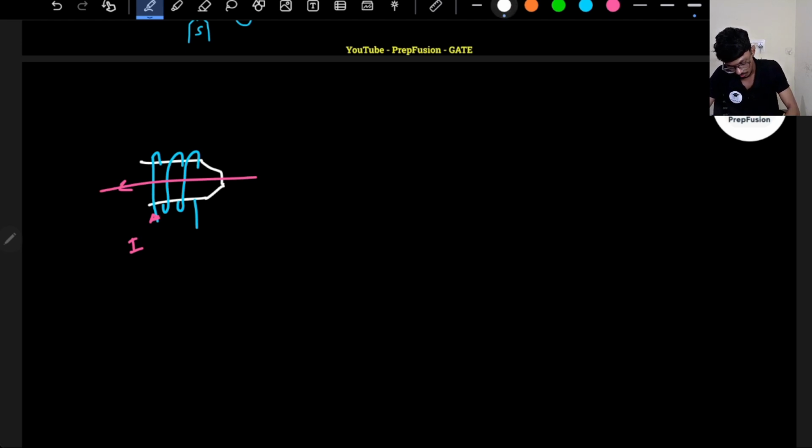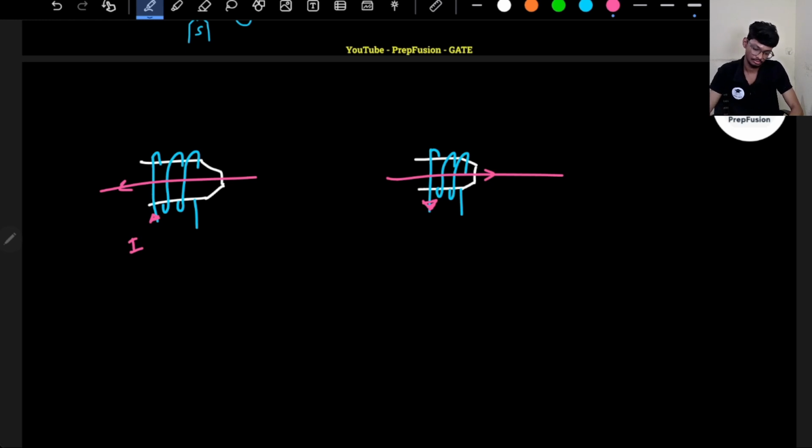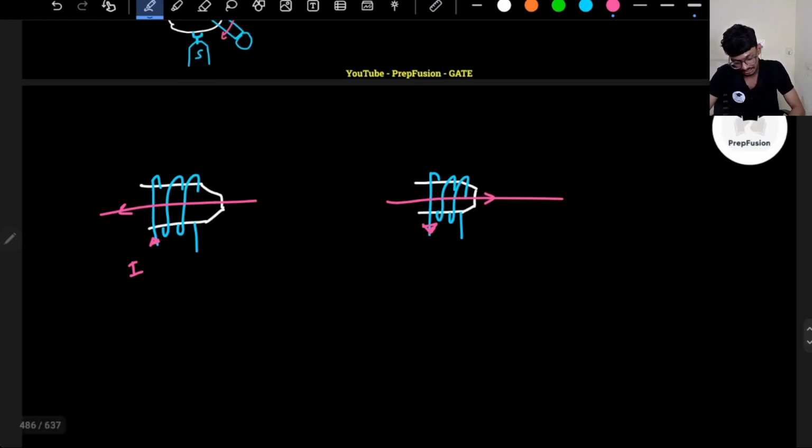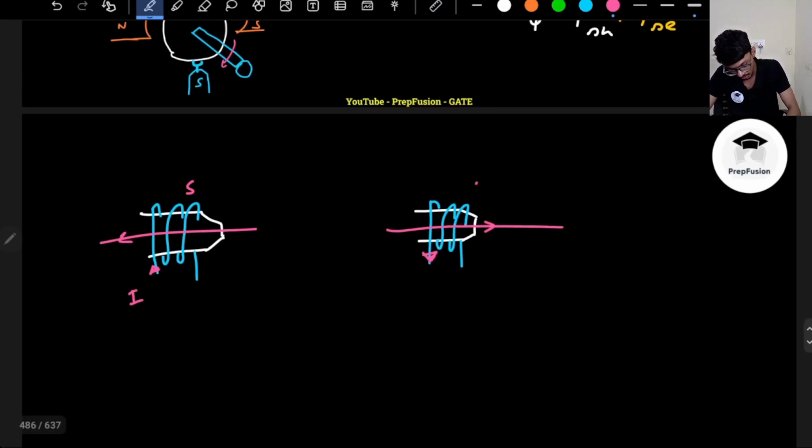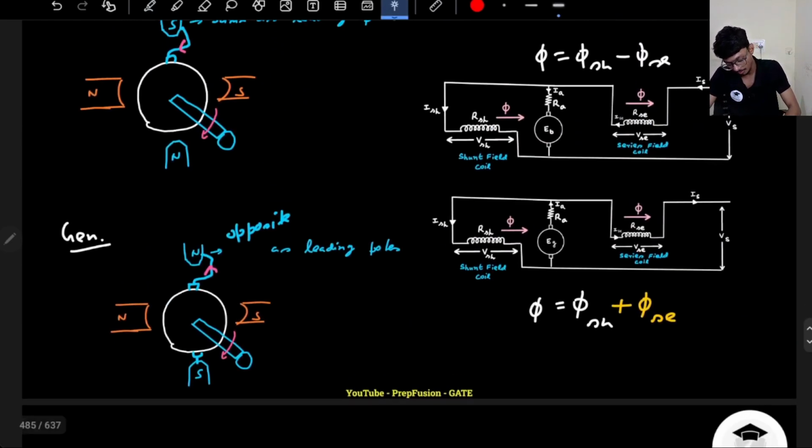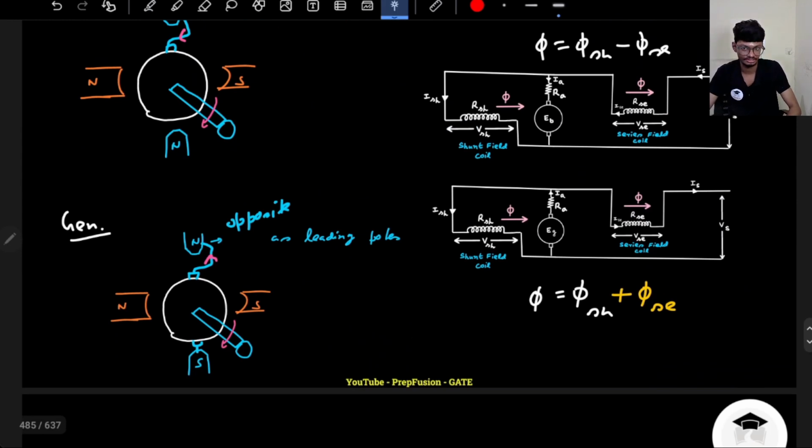Now for the same pole, if the current direction has changed, winding orientation, of course, I will not change. Physically, I cannot change the winding orientation. If it is coming outwards now, what will be the direction of the flux? It will be on the right hand side. So basically, previously, if this was south pole, it will become north pole. That's it, right? Because south pole takes in the flux and north pole gives out the flux. So automatically the interpoles have reversed their direction.